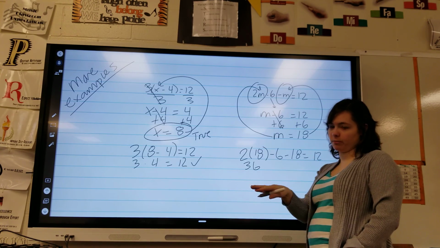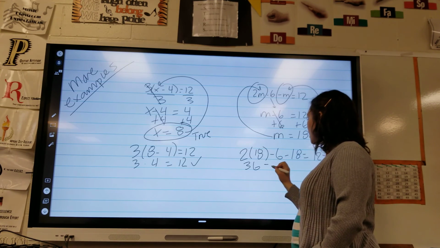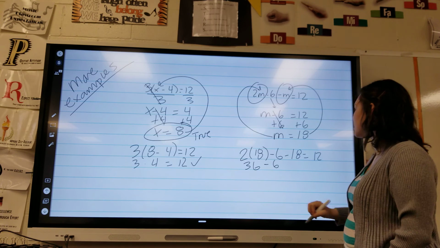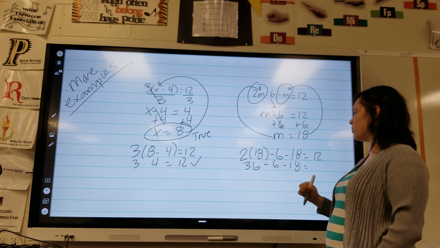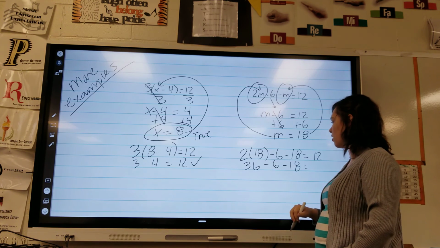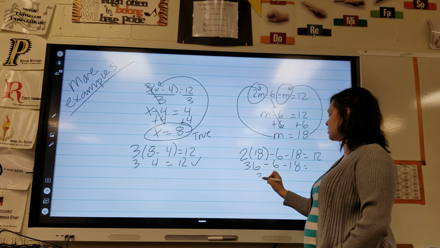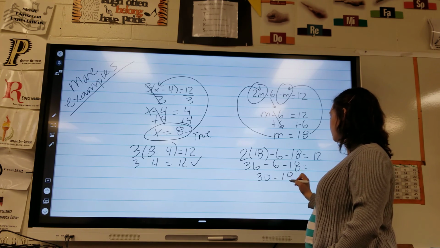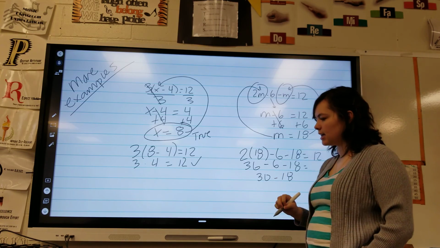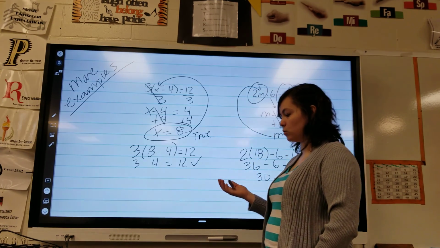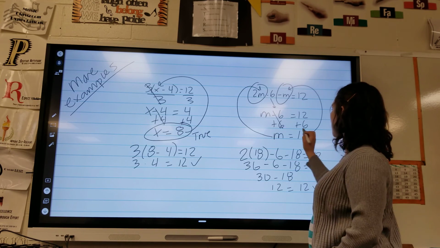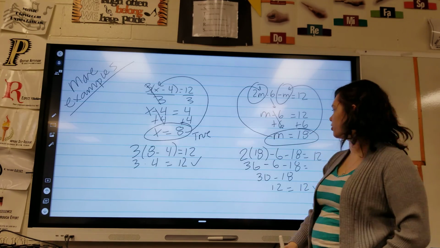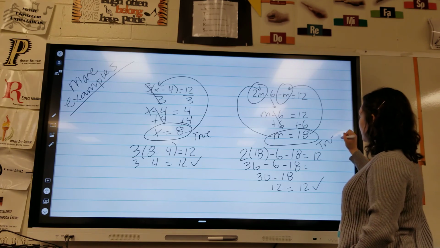It is morning for me, so I'm still waking up. We're subtracting 6 and subtracting 18 from that. 36 minus 6 is 30. Subtract 18 from that. 30 minus 18 is 12. Look at that. 12 equals 12. It checks out. M equals 18 is our true answer.